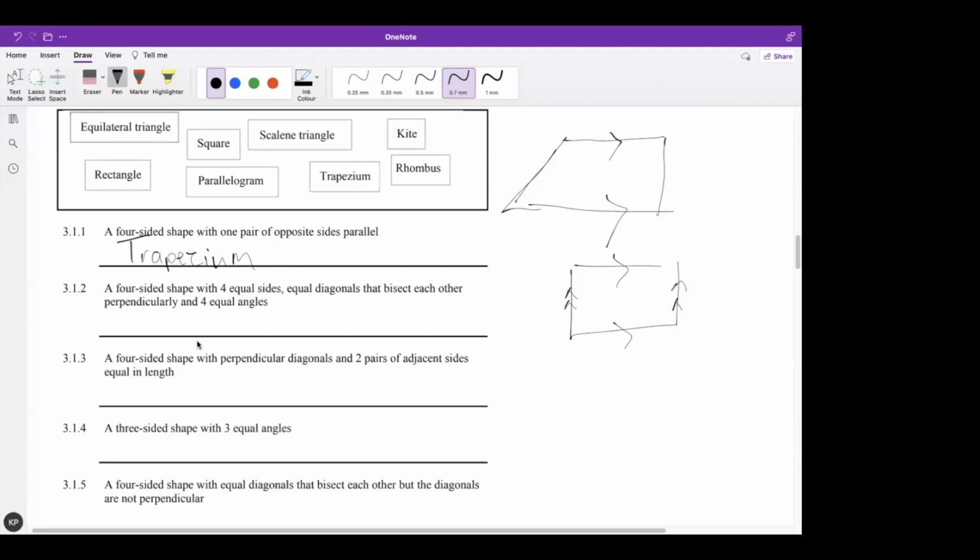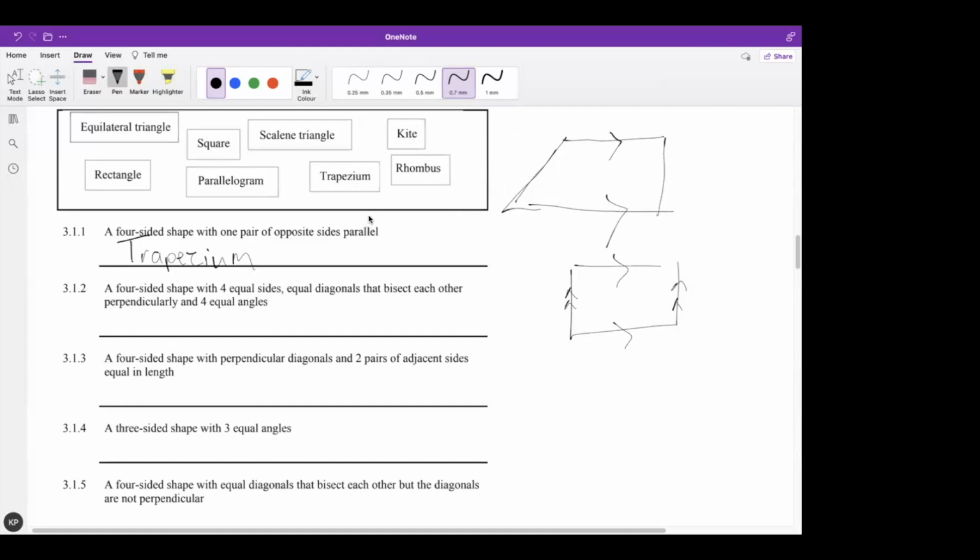Okay, 3.1.2: a four-sided shape with four equal sides, equal diagonals that bisect each other perpendicularly, and four equal angles. Zianda, are the diagonals of a rhombus equal? Let's ask ourselves.